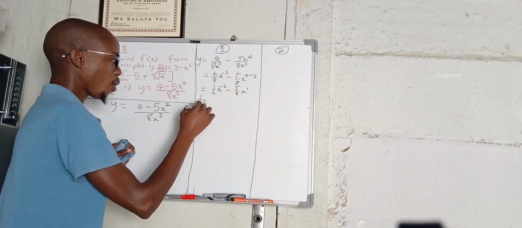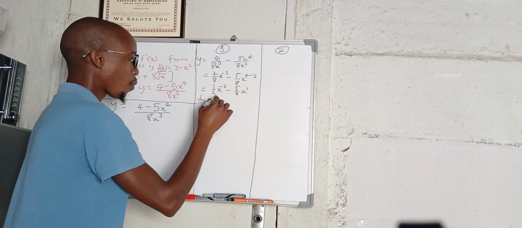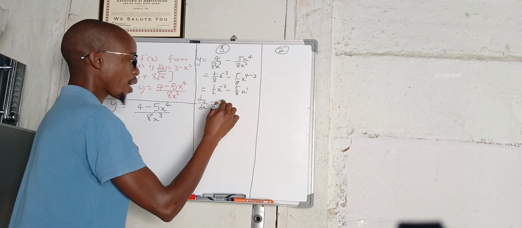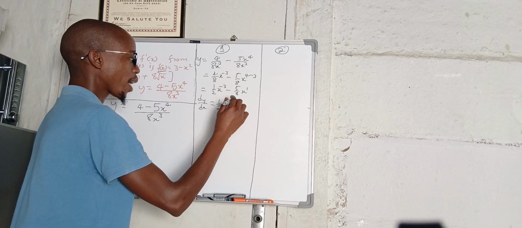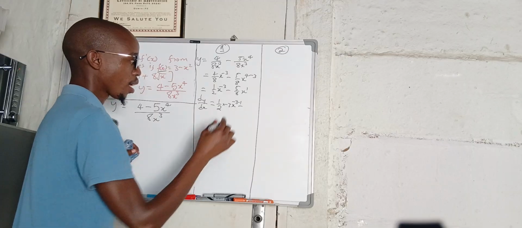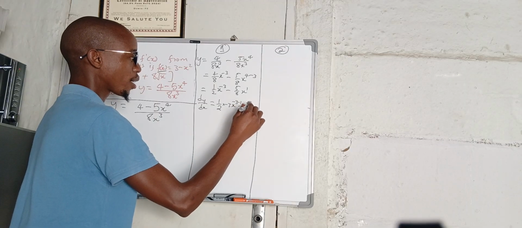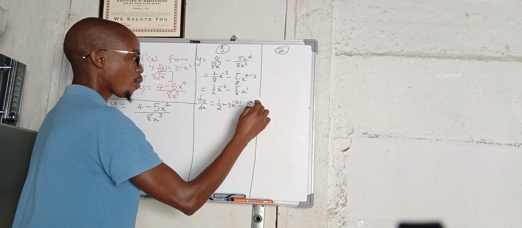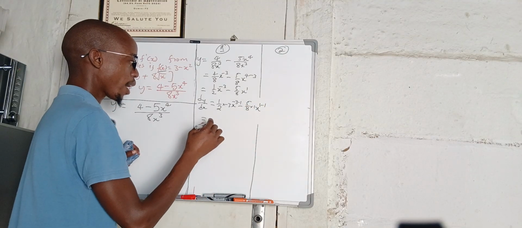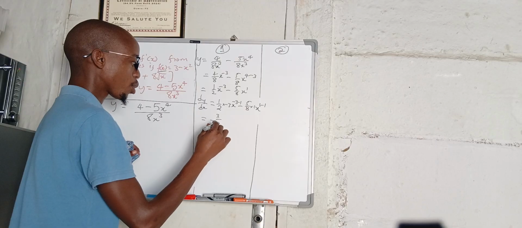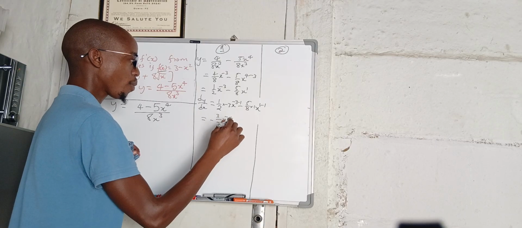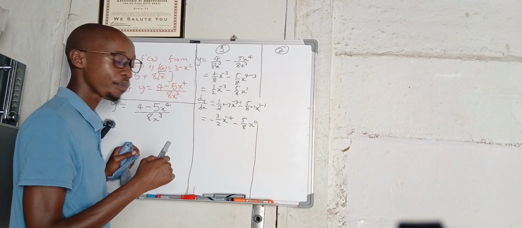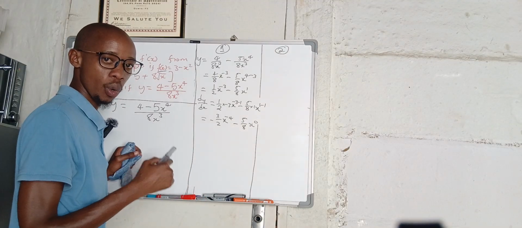My dy over dx is going to be 1 all over 2 multiplied by minus 3, x to the power of minus 3 minus 1, minus 5 over 8 multiplied by 1, x to the power of 1 minus 1. Now I end up having minus 3 all over 2, x to the power of minus 4, minus 5 over 8, x to the power of 0. Remember, everything to the power of 0 is 1.